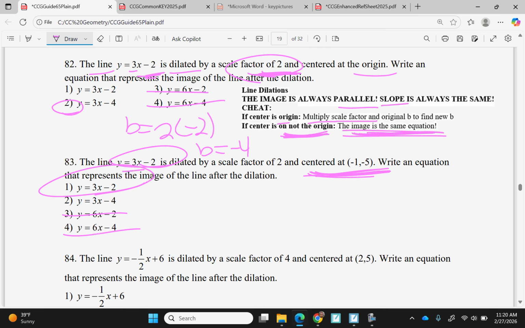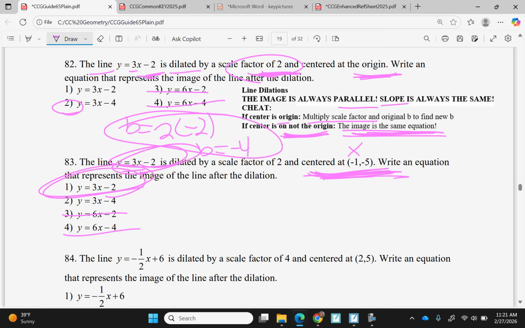If the center of dilation is the origin, multiply scale factor and B. If my center of dilation is not origin, it's the same line. That's the cheat. Why? Because if the center of dilation is on the line, it's the same line. And whenever it's not origin, it's always been on the line.